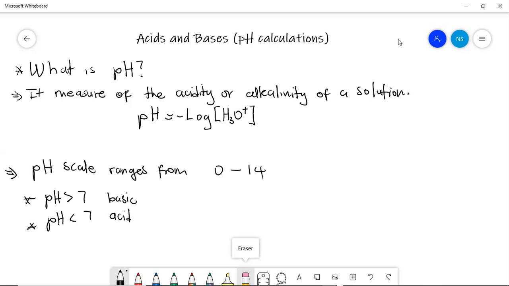A pH equal to 7 tells us that the substance is neutral. So there's the pH scale. It tells you how basic or acidic a certain substance is.